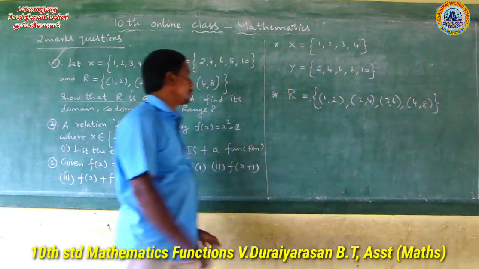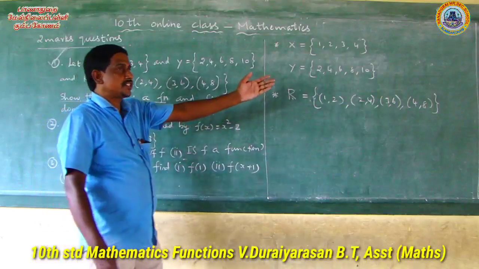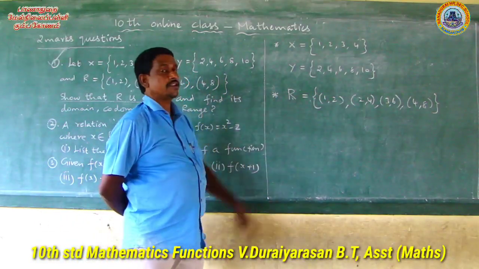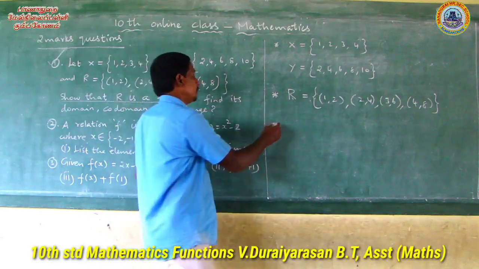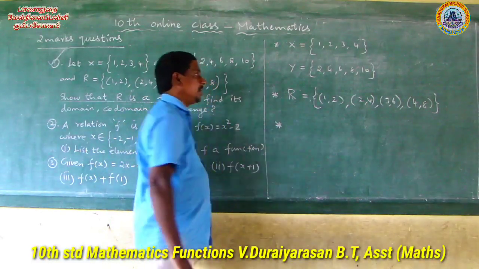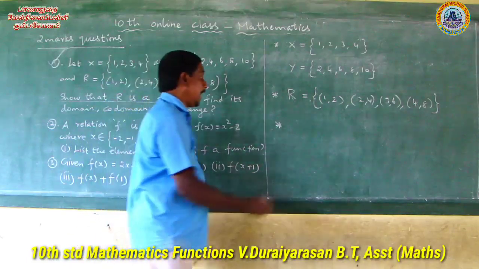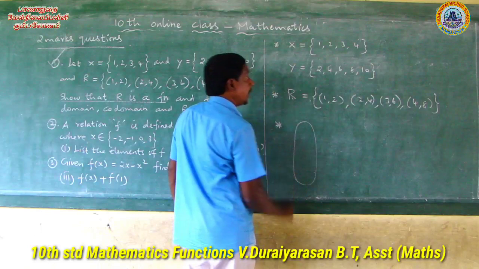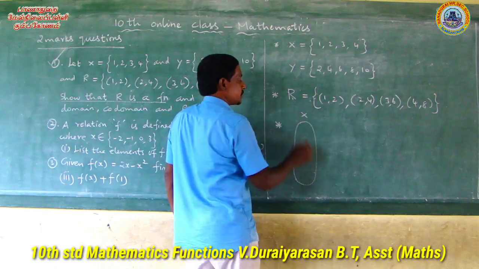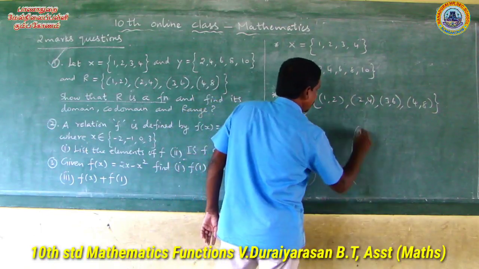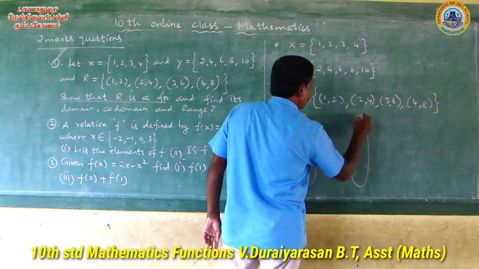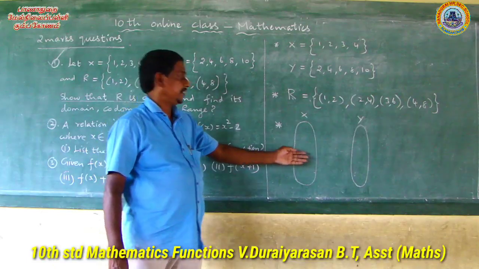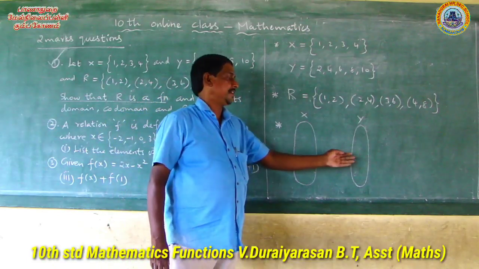What is the first question, sir? Show that the given set of ordered pairs R is a function. How to prove it, sir? First, draw the arrow diagram. This is X. The other set is Y. This is the domain and this is the codomain.